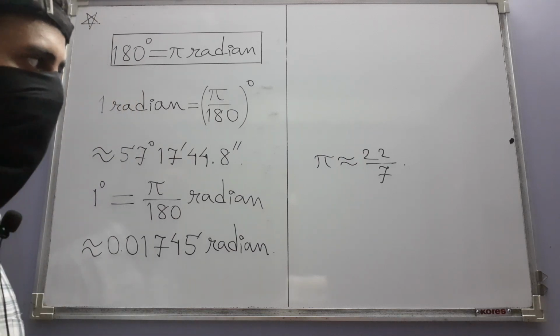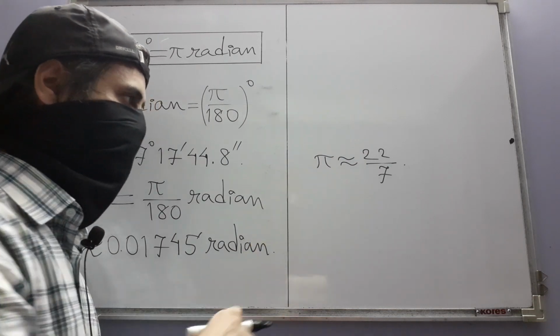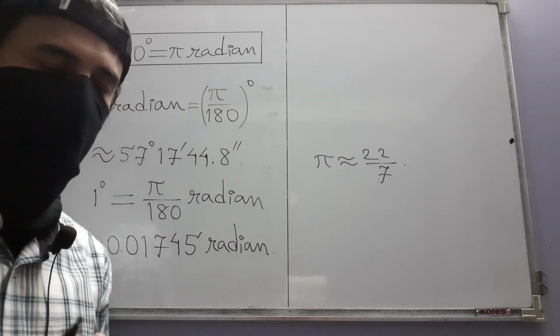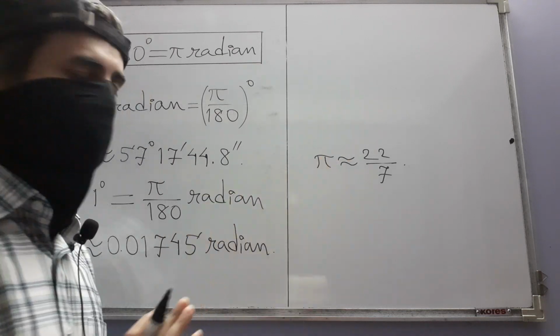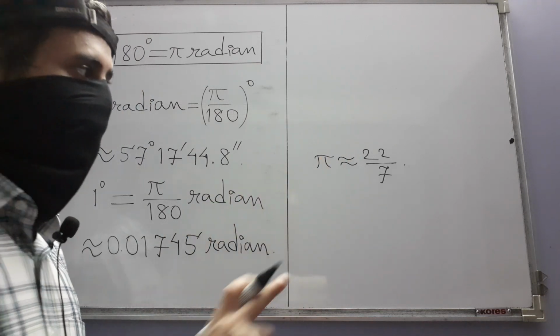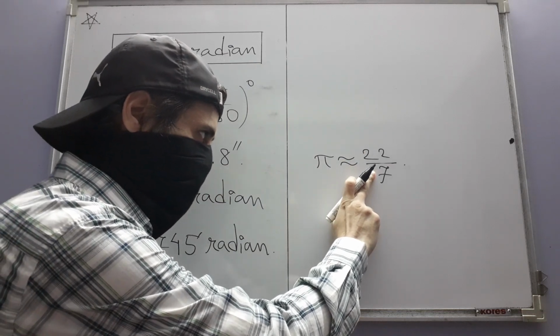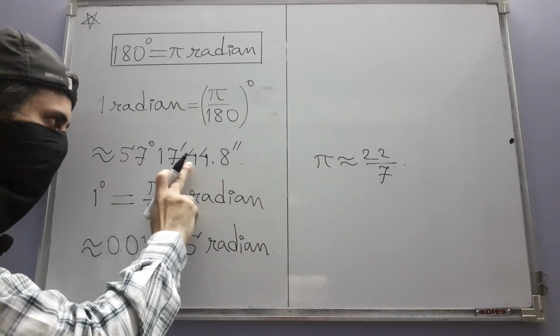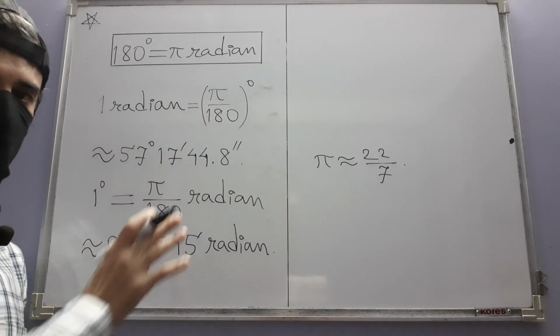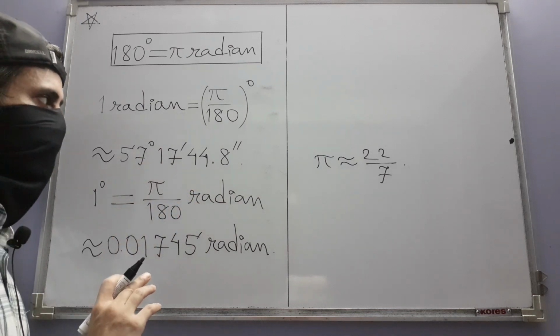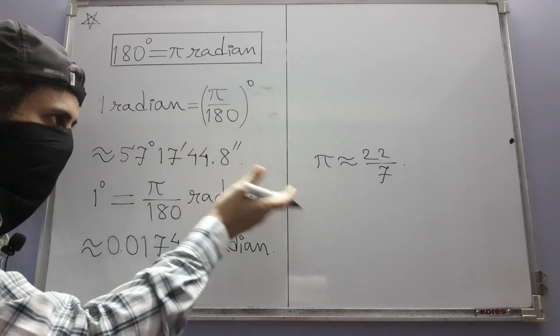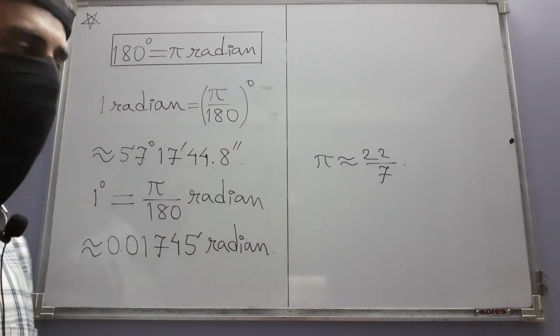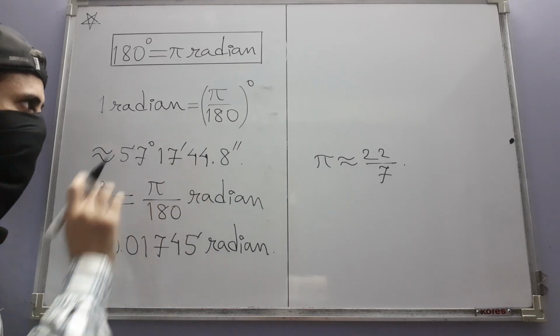So normally when we calculate with pi, either we keep pi as pi or we use some kind of rational approximation. If you use this rational approximation, you will not get exactly this value, but something close to this. I have calculated this on a calculator. So that's why I am getting this.